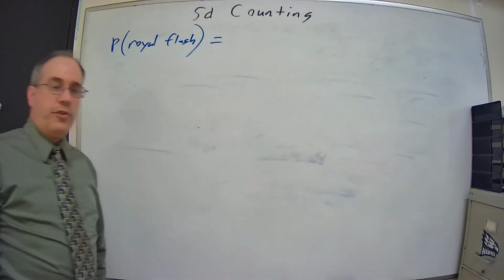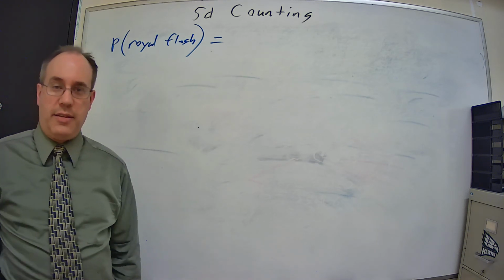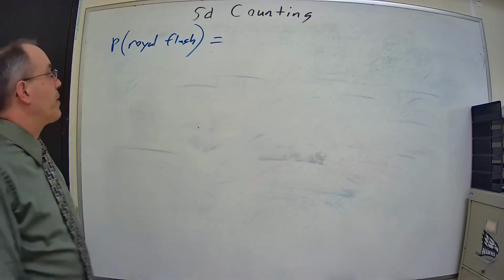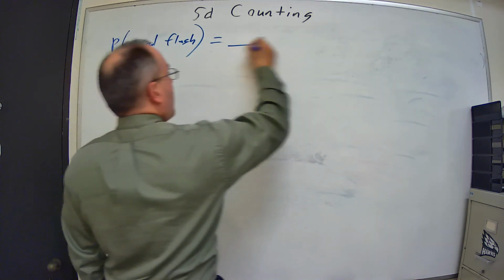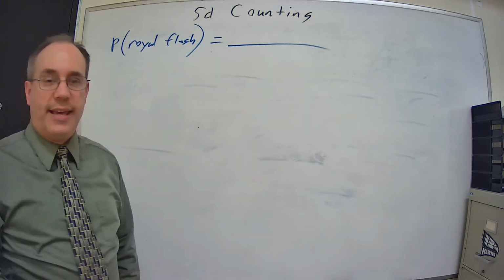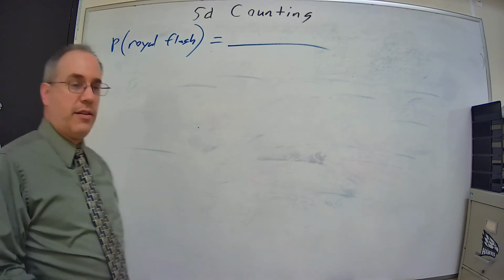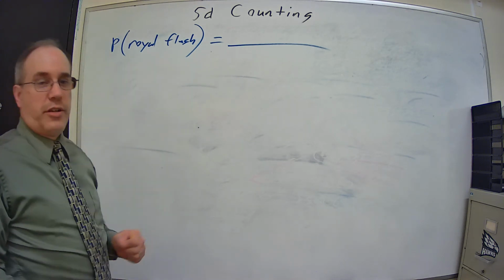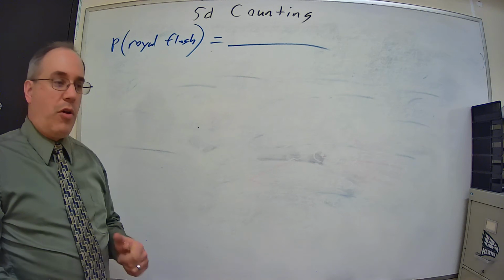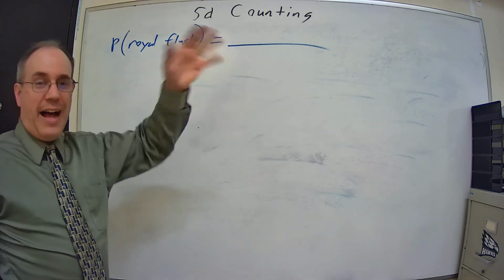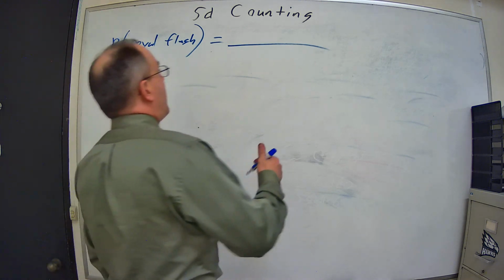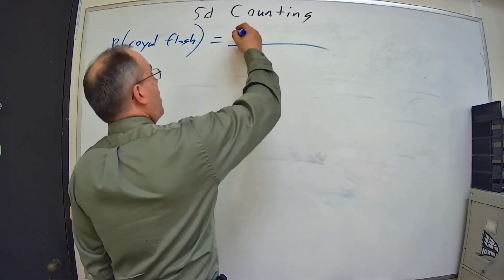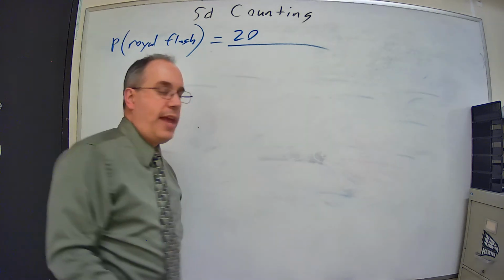And I'm going to use counting to do that. So I want to know, how can I get a royal flush? Well, it's going to take 5 draws of a card, and for the first card that I draw, I've got 20 possible cards that will make me happy.